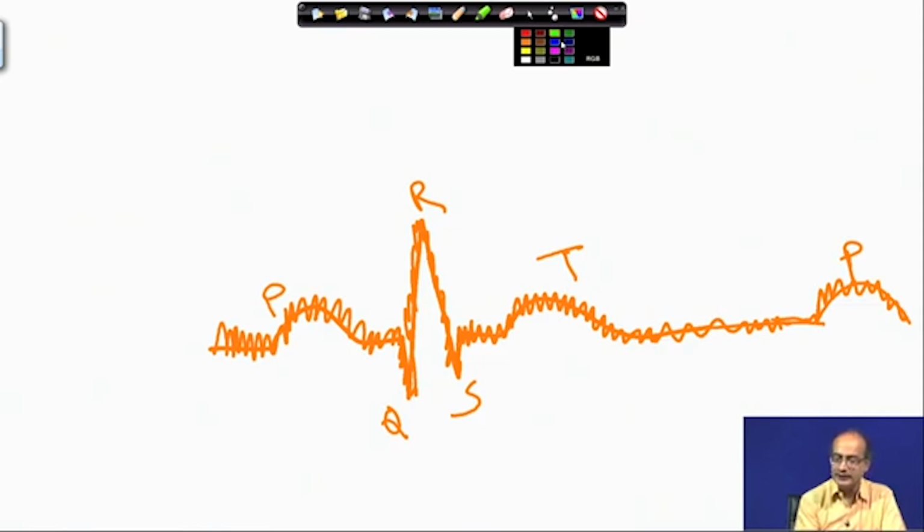For example, from the T wave to the P wave of the next beat, in between this part is the isoelectric line, there is no activity. So, if we want the characteristics of the noise, we can just observe this part and take it out as a sample of the noise block where no signal is there.